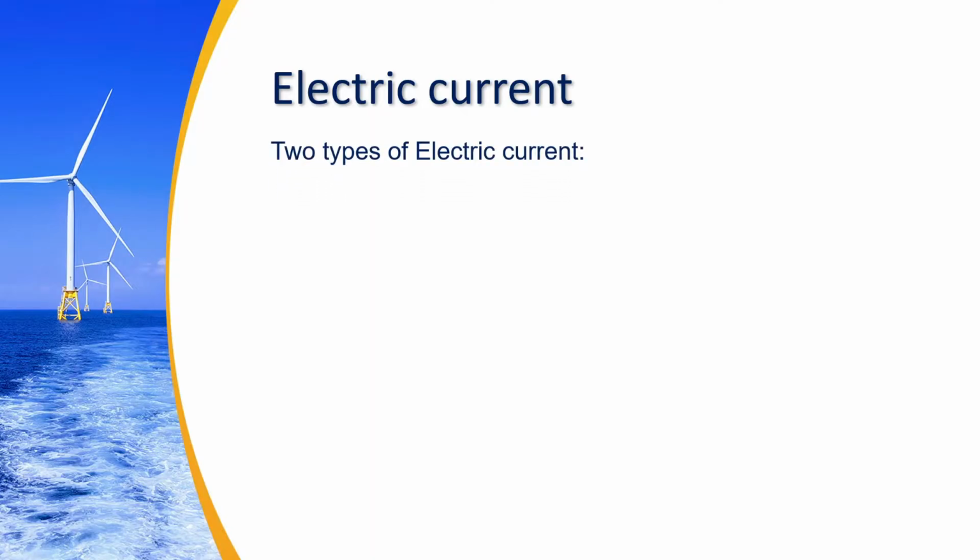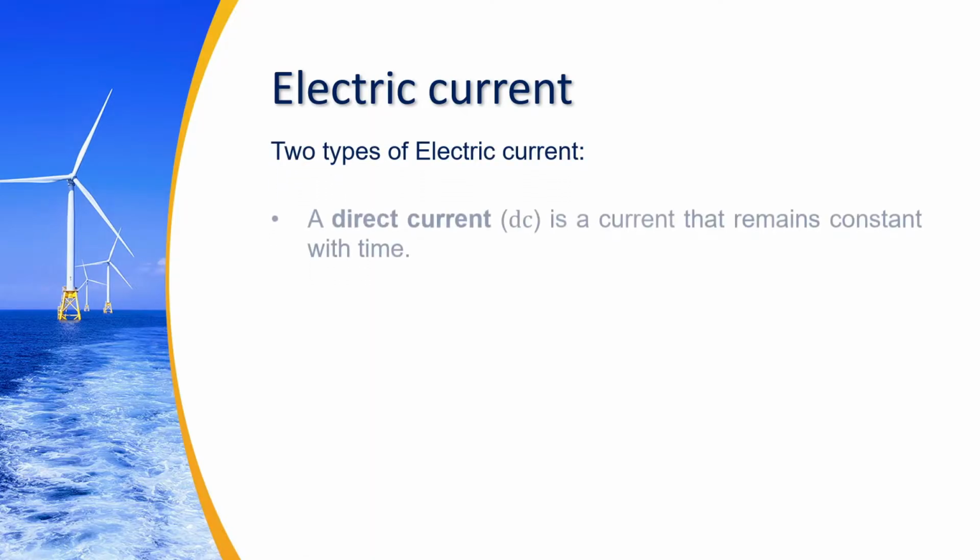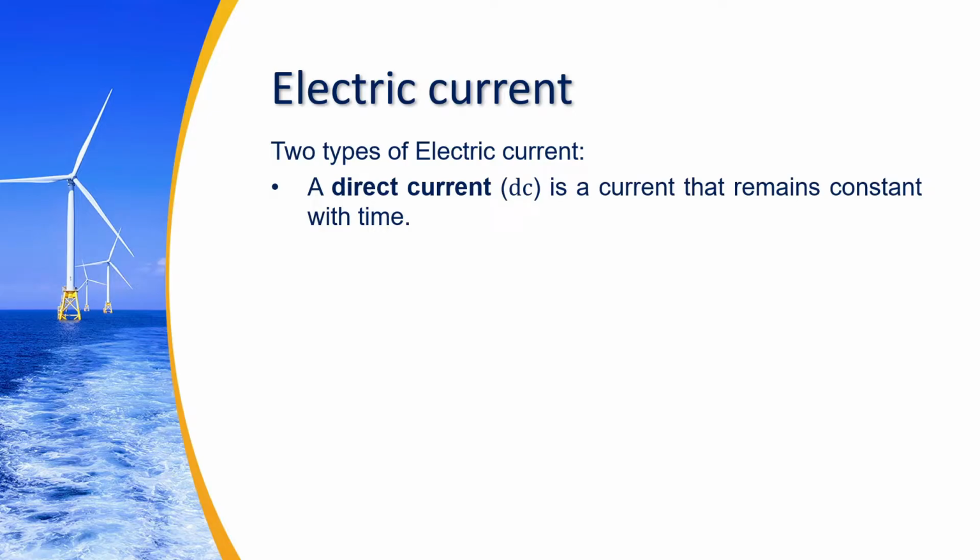So, two types of electric current. So, first is the direct current or what you call DC. Is a current that remains constant with time. So, meaning, kapag babasahin natin itong diagram na to o chart na to, okay, so pansin natin na kahit gaano katagal yung pagdaloy o pag-travel ng mga charge natin o ng electrons natin, so constant lang siya.